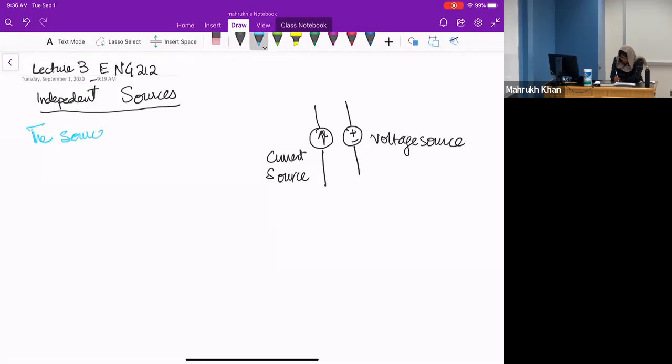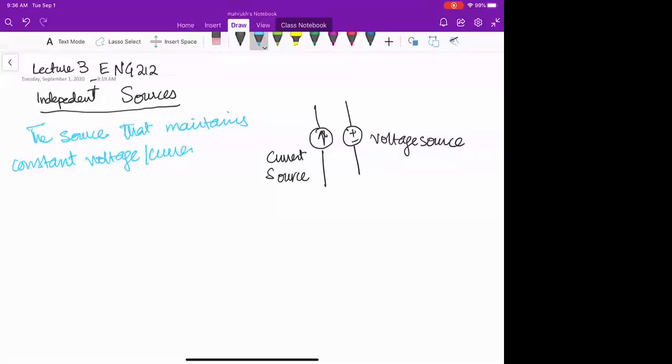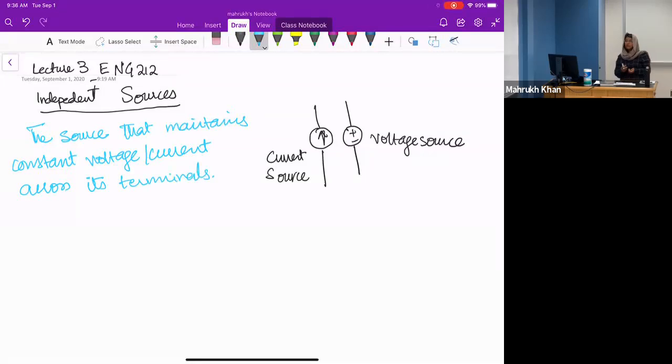The source that maintains constant voltage, current across instruments. That we have said before as well, right?